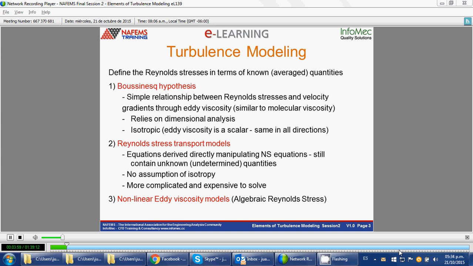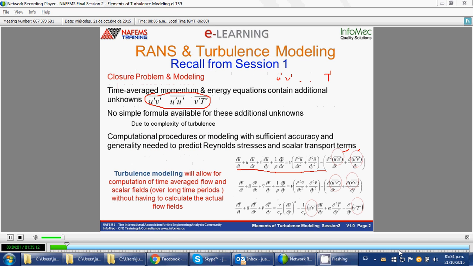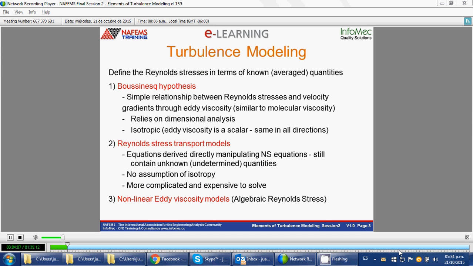In terms of coming up with equations for these terms which are present in our equation, there are several ways to do this. The most popular one, I should say, is based on the Boussinesq hypothesis.